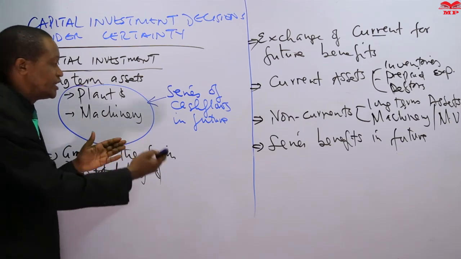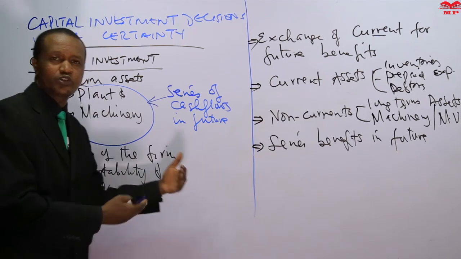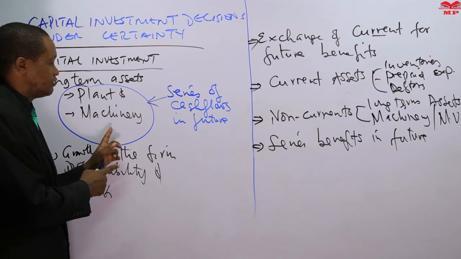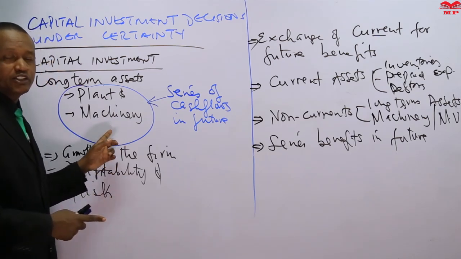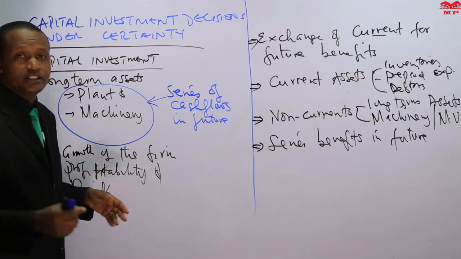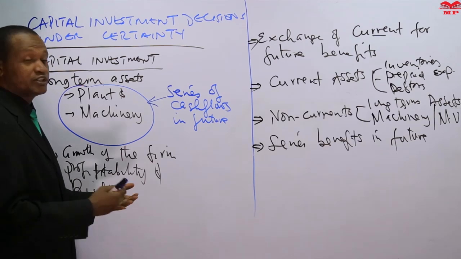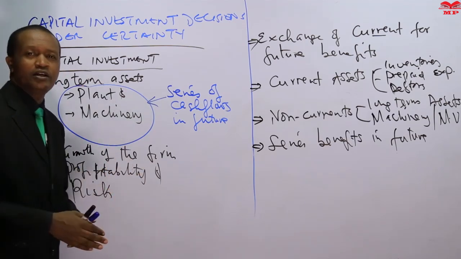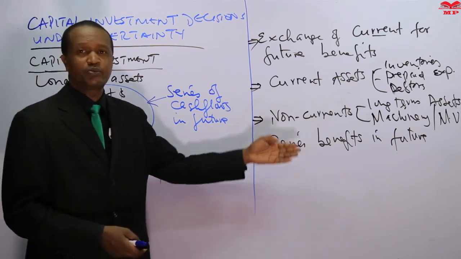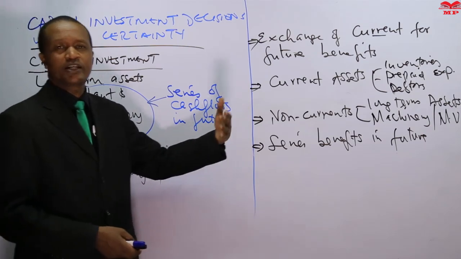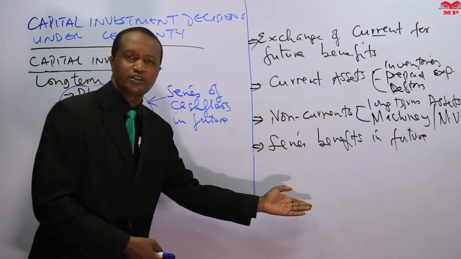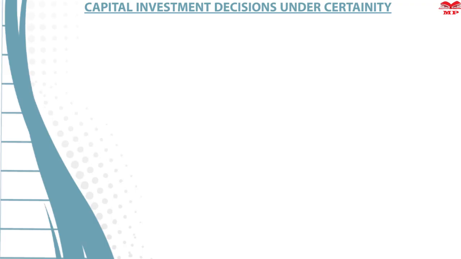So information is relayed from one department to another, which gives the final person making the decision enough information upon which to base decisions. So capital budgeting, which is a process, helps in relaying of information from one department to another. It may be information from the market that may be communicated to the finance manager by the marketing manager. So there is that transfer of information.